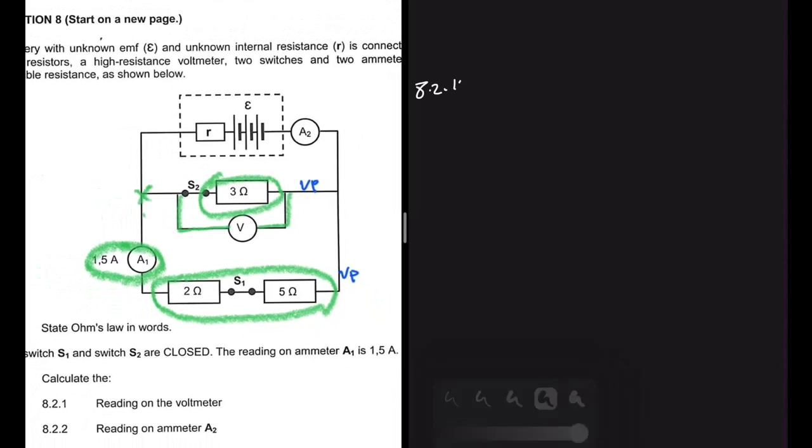So VP is equal to I multiplied by R. So VP will be equal to 1.5 multiplied by 7. Pretty straightforward, no complications whatsoever. If you put that in a calculator, you should get 10.5. So the answer for 8.2.1 is 10.5 volts. That will be the reading on the voltmeter.